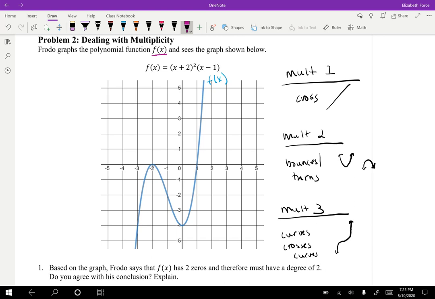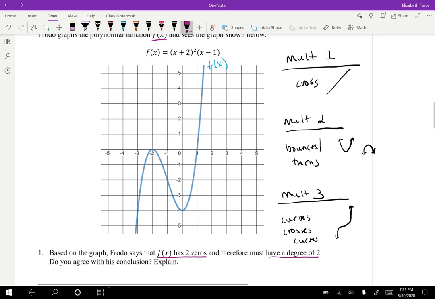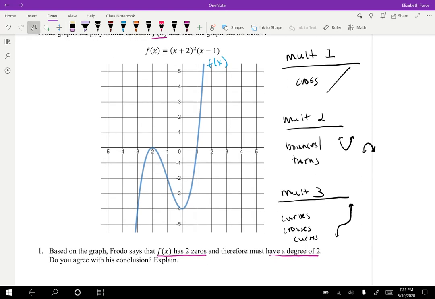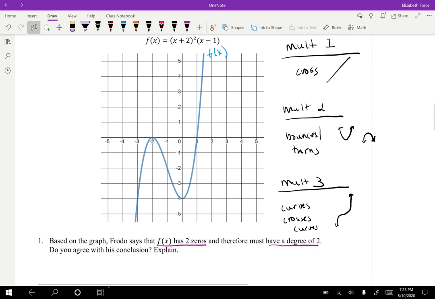So number 1, if we go back to f of x, is asking you to determine if Frodo's conclusion is true or not. Frodo says that f of x has 2 zeros and therefore must have a degree of 2. Based off of the conclusion in problem number 1, this is sound reasoning. But now we've got multiplicity going on, and that changes how we look at the degree and the number of zeros.